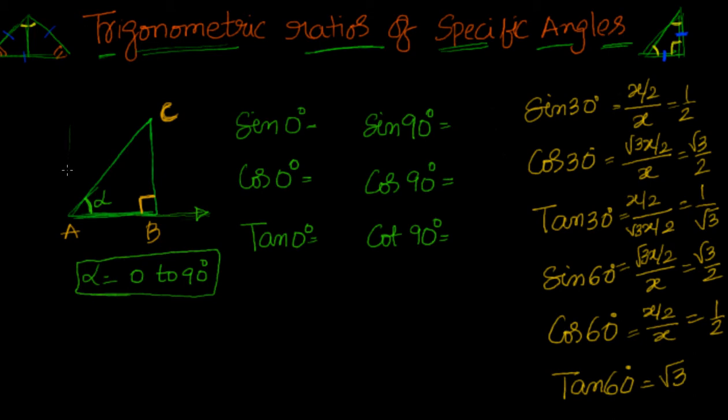If alpha equals 90 degrees, then what happens? If alpha becomes 90 degrees, then the hypotenuse will be coinciding with the opposite side. Now let us see what happens when alpha equals 0. What is the meaning of alpha equal to 0?